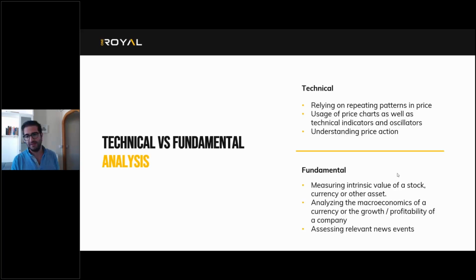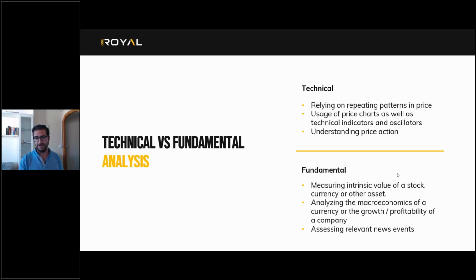However, in fundamental analysis, if we're talking about stock, you will measure the intrinsic value of a stock or share, and then you come up with a trading idea whether the share is undervalued or overvalued, then you buy or short at the current price.